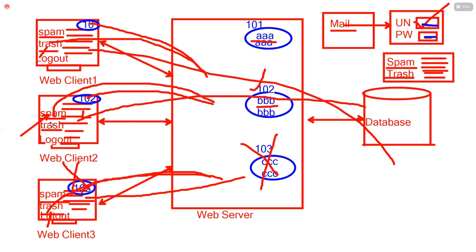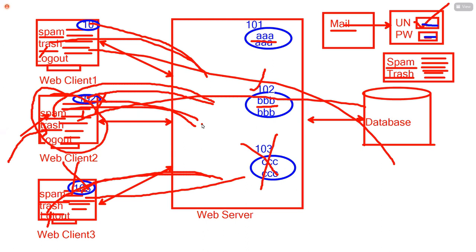Now, suppose this person forgot to log out. He clicked browser close. Suppose this is a CyberCafe system. One more person is working on this system. What will he do? He'll open gmail.com. With that URL, what will happen? 102 comes. We are already running, that is. 102 comes, what will the server understand? This request is by the triple B user.